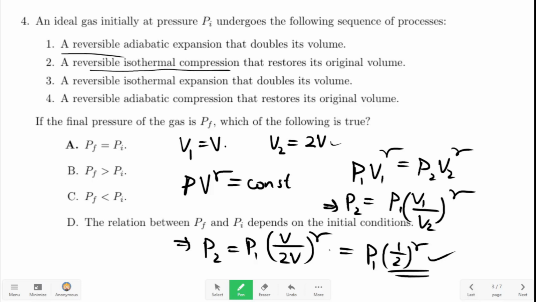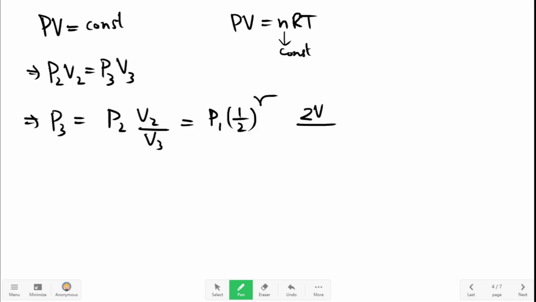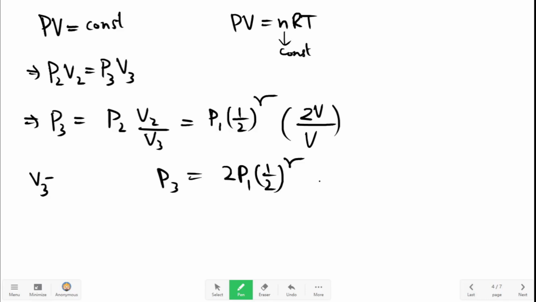Here it is given that after the process it restores its original volume, so V3 is equal to V, which means P3 is equal to 2P1 into (1 by 2) raised to gamma. So after the second process, we have V3 is equal to V and P3 is equal to 2P1 into (1 by 2) raised to gamma.